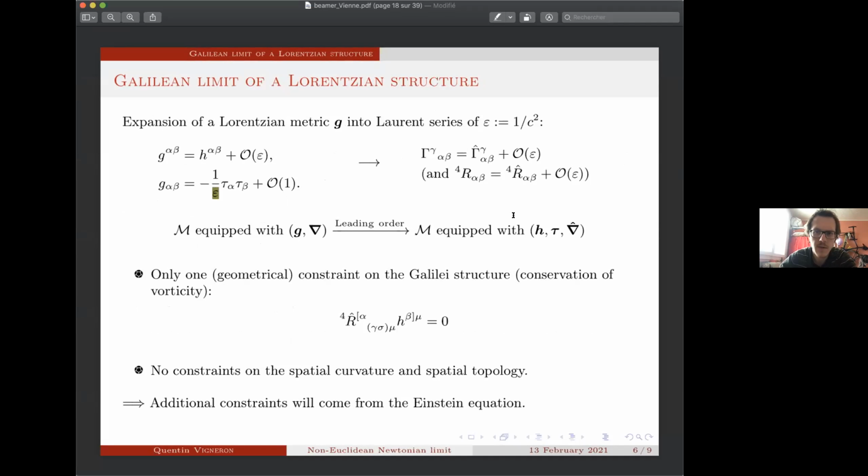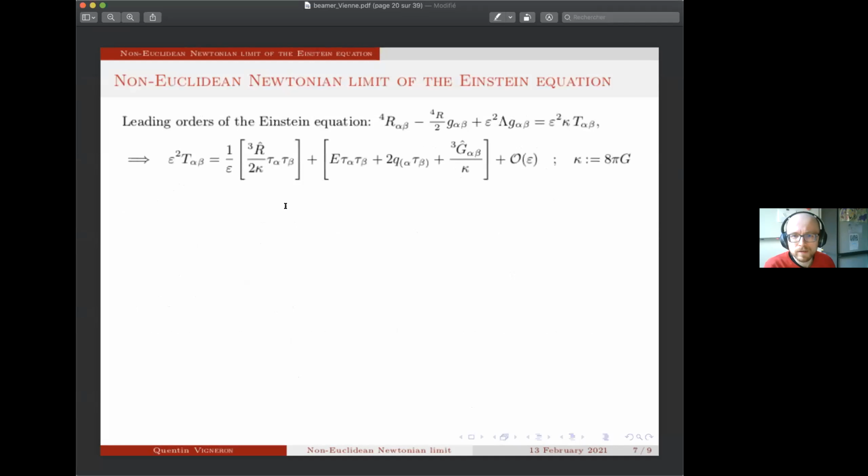So actually it's an epsilon and not an epsilon square. Yeah, but you keep lambda constant, right? Yes, lambda is constant. So it's a different limit, actually, because lambda is also featured in Newton's theory.